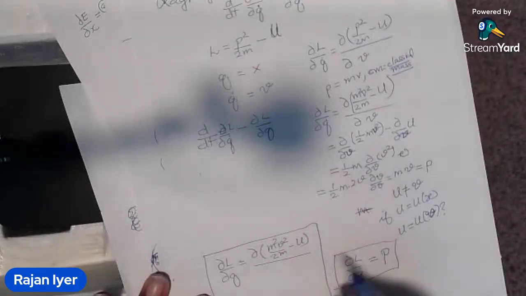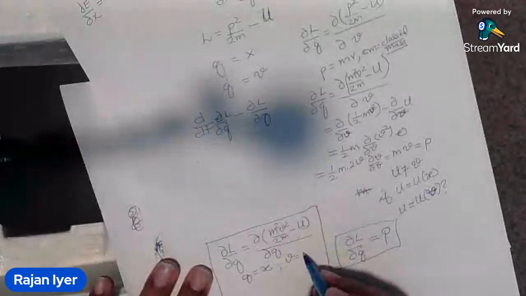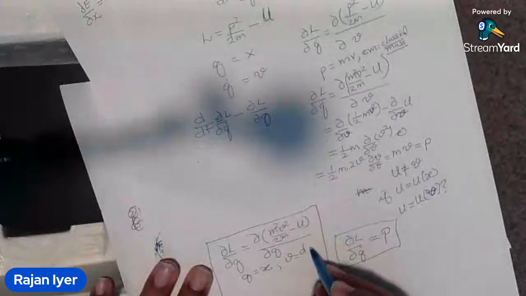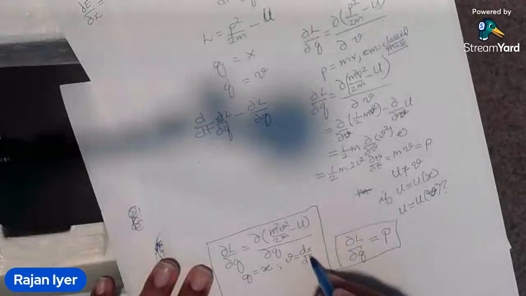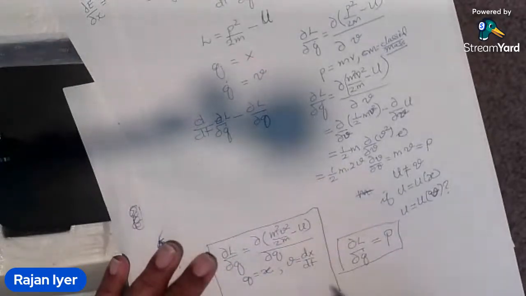Let's put q now. If q equals x, the one-dimensional case, and then v equals dx by dt, right? Yeah. So now I am differentiating with respect to x. So let me go to the next page.